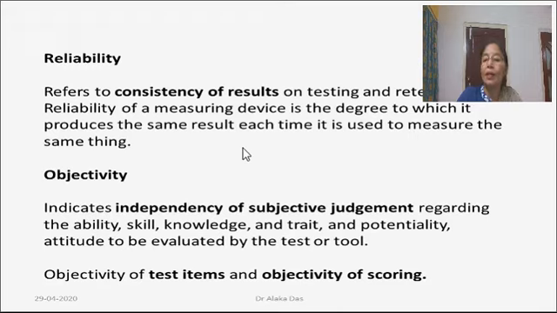Reliability means relying. A tool or device must be reliable, and this is a little difficult because in physical measurement the instrument more or less gives consistent results, but in educational measurement it is more difficult, and therefore the investigator needs to keep these aspects in mind.